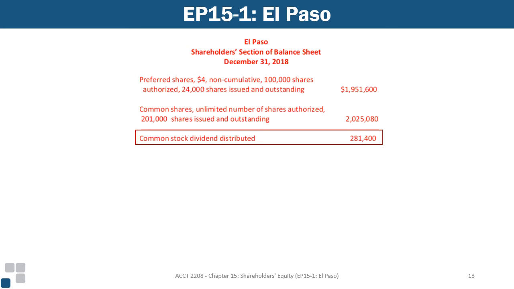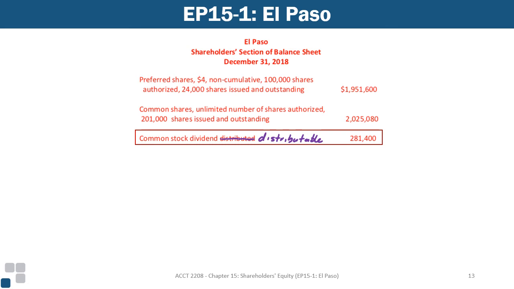Now the next item, and a lot of students forget this, is the stock dividend. Remember, we had that 5% stock dividend. It was declared but not distributed. And in the solution here it should actually say distributable, because it has not been distributed yet. But it still exists on the balance sheet because it hasn't been closed out yet.